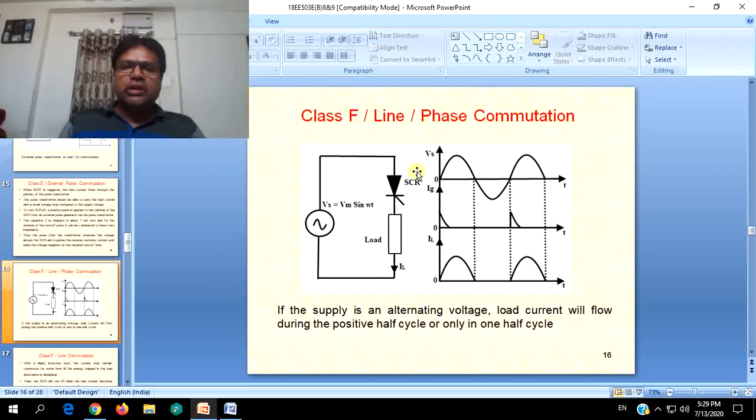You need not employ any other commutating circuits. That is why it is also called natural commutation. When you compare natural commutation with forced commutation, no commutation circuits are required, or simply the cost is less. This is automatic, with no problem of resonances, noises and other things.